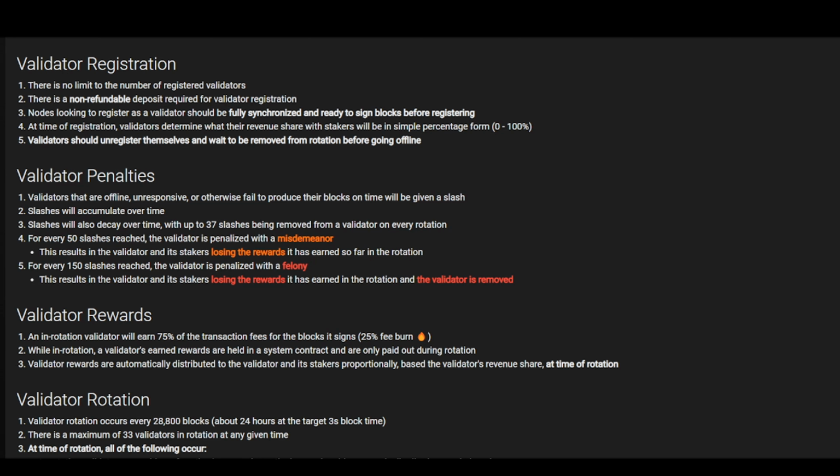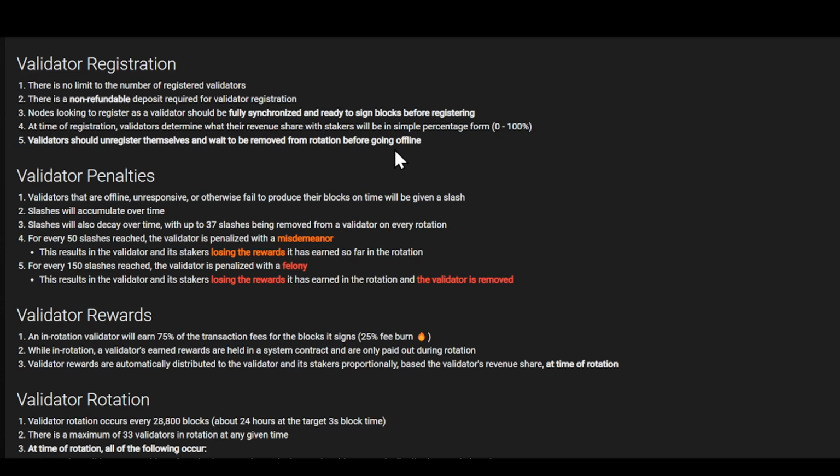So I have to make this very, very clear, ladies and gentlemen, that whenever you are a validator, you need to be available to sign blocks. You need to be online. Very, very important that you understand that. So remember that if you're looking to go offline, you should unregister and wait to be removed from the rotation before going offline. You don't want to just go offline and not wait.